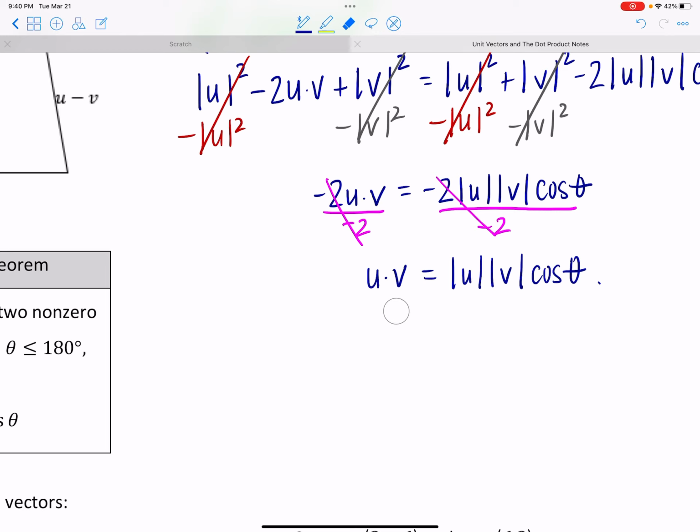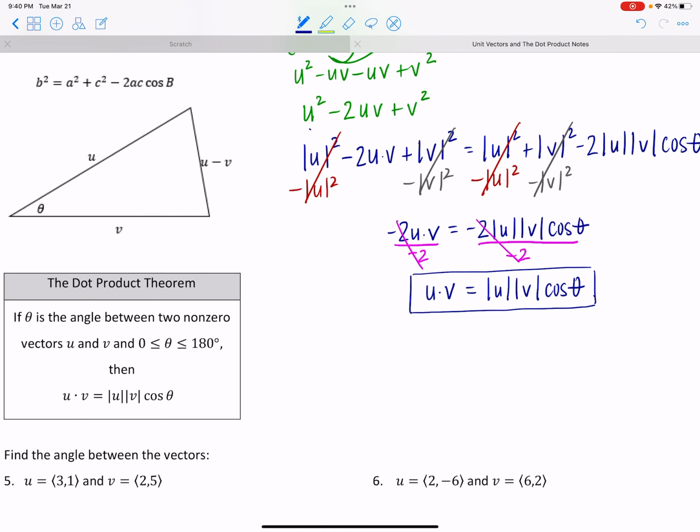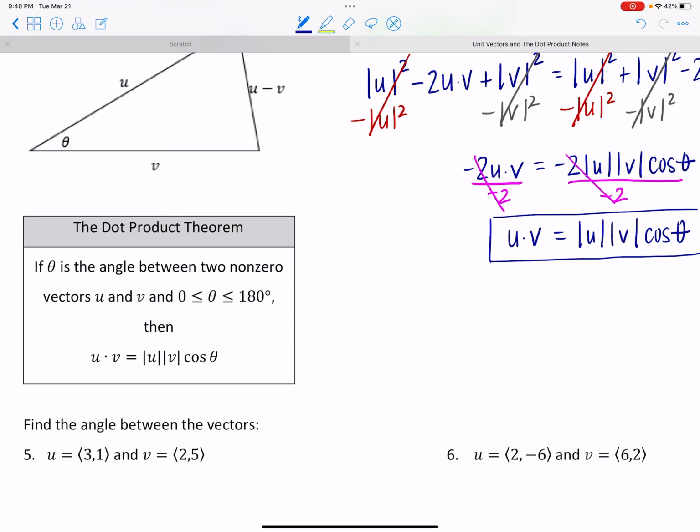So this place where we ended, this is another formula, accepted formula for our dot product. We actually, in fact, call it the dot product theorem. That's what I have in this box here. Right? If we have some angle that's between two non-zero vectors, u and v, that's what I showed you in the picture, and that angle does have to be between 0 and 180, then again, this is another version of our dot product formula.